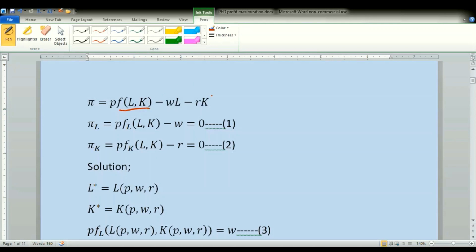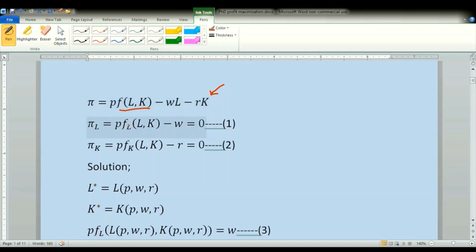Now see that in this profit equation, we are varying both labor and capital so that neither of the inputs is fixed. This means that we are solving for the long run profit maximization problem. We follow the usual steps because there are two decision variables, labor and capital.